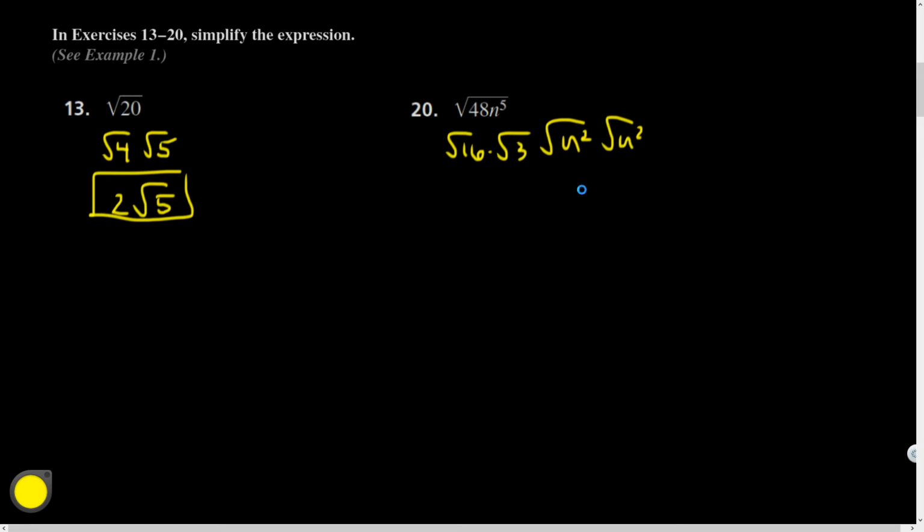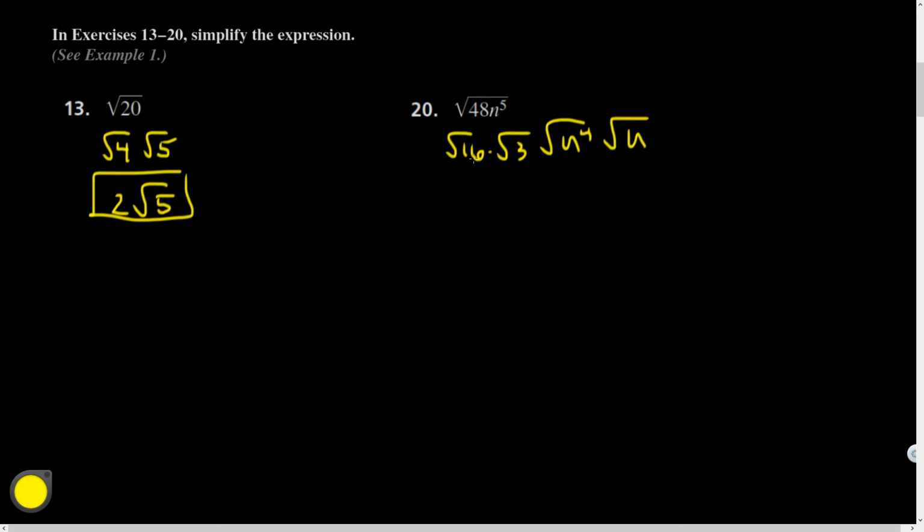But even simpler is to write it as n to the 4th times n, because I just need to pick the largest exponent that is divisible by the index. The index is the little number of the root. If it's a square root, the index is an invisible 2. If it's a cubed root, the index is 3. If it's a 4th root, the index is 4.